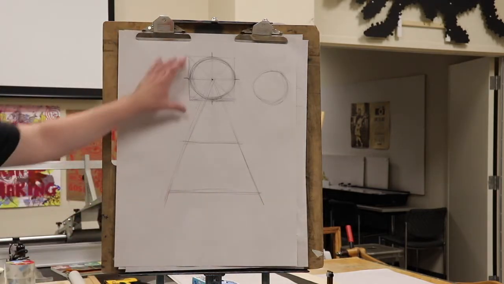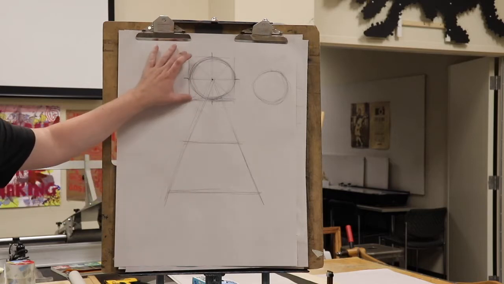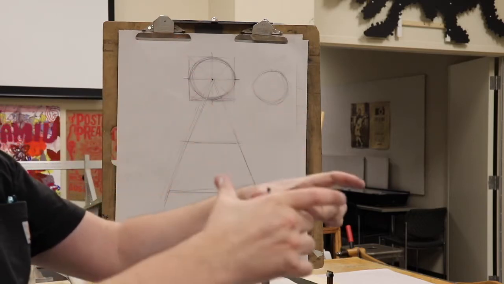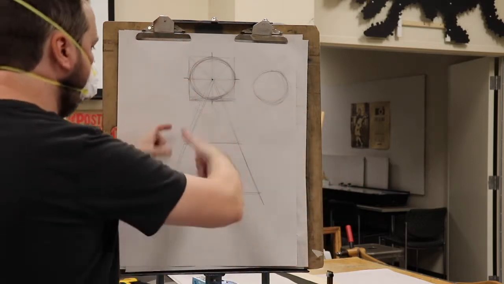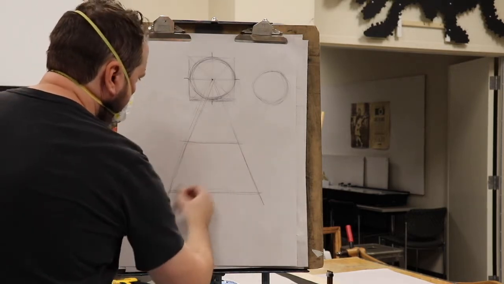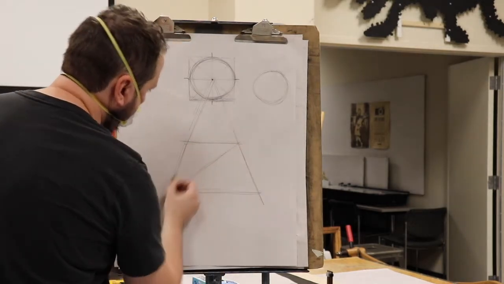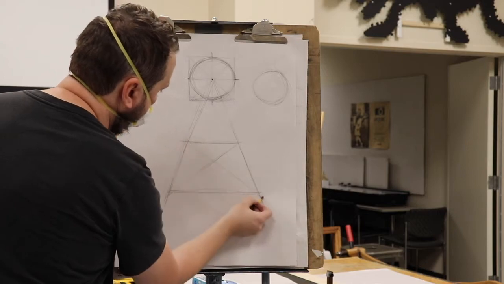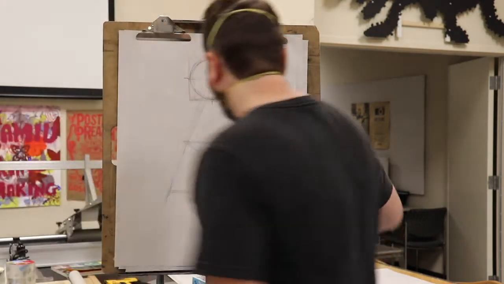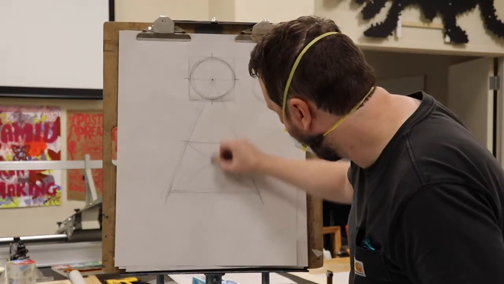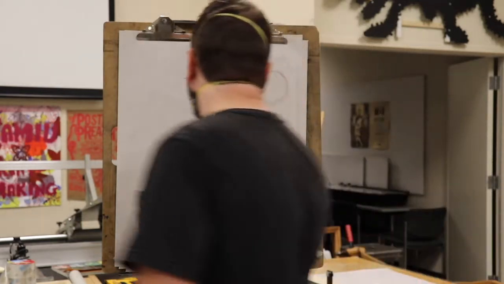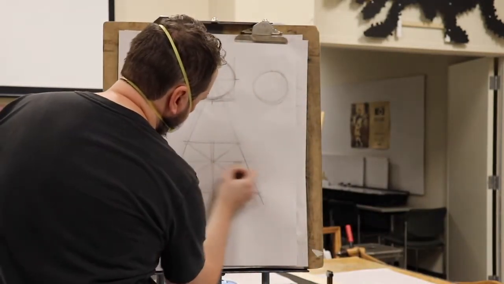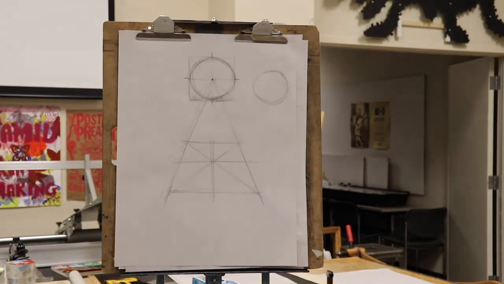Now imagine this square and this circle laid down flat. Let's do the same thing: divide this, find the perspective center, and then quarter it. Okay, just like so. Got that?